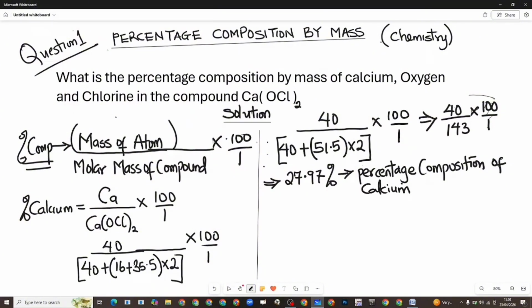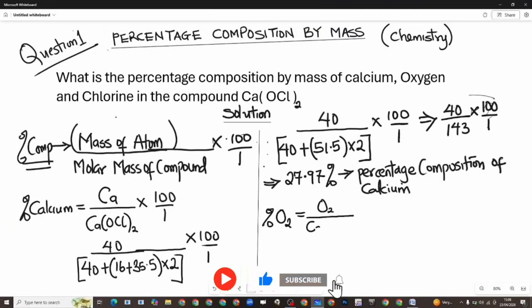How about for oxygen? I'm sure you know that oxygen is a gas, so oxygen exists as a molecule. So for the percentage of oxygen, we take O2 over the compound, which is Ca(OCl)2.